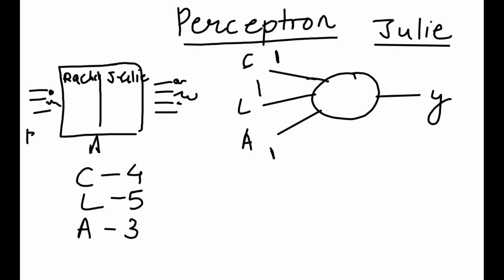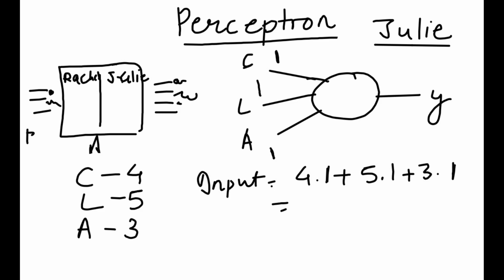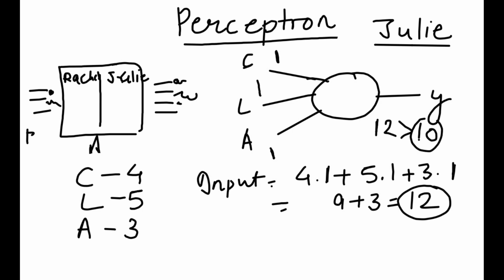So now let's see what the input for Julie comes out to be. So we have a 4 into 1 plus a 5 into 1 plus a 3 into 1, which is equal to 9 plus 3, that is equal to a 12. Okay, so now you can see that 12 is greater than 10, which is our threshold.